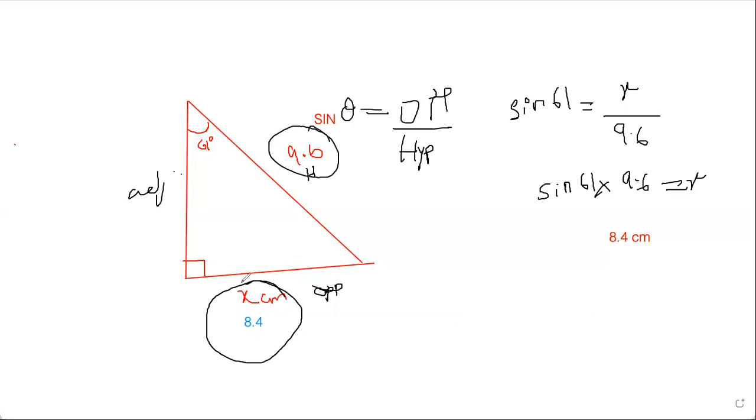It means the answer might be correct here. If I am getting the value of opposite greater than the hypotenuse, it means the answer is wrong, because hypotenuse should be greater all the time. This is how you have to solve trigonometric ratios.